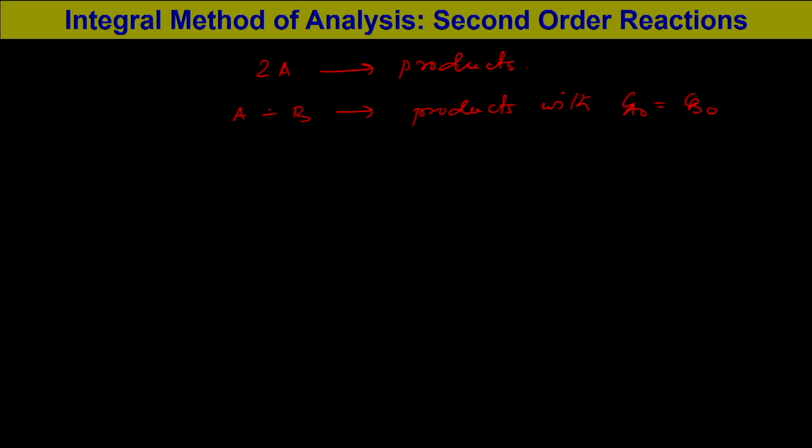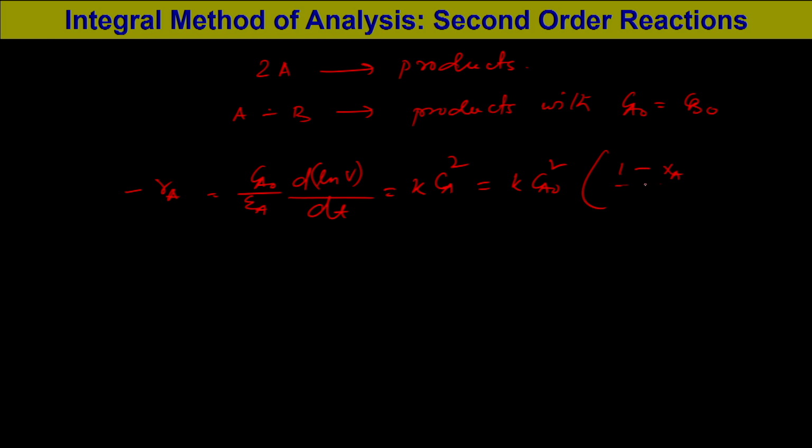Then we can write minus r_A equals C_A0 by epsilon_A d ln V/dt equal to k C_A square. Now, if we substitute the concentration terms like earlier, it would be k C_A0 square into ((1 minus X_A) divided by (1 plus epsilon_A X_A)) square.